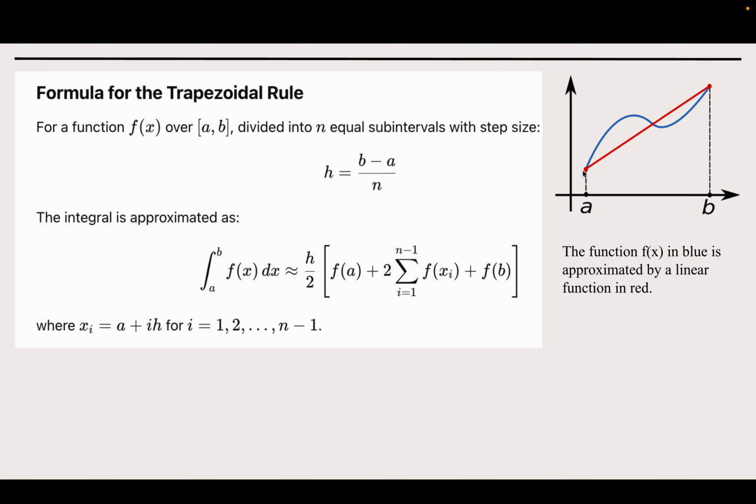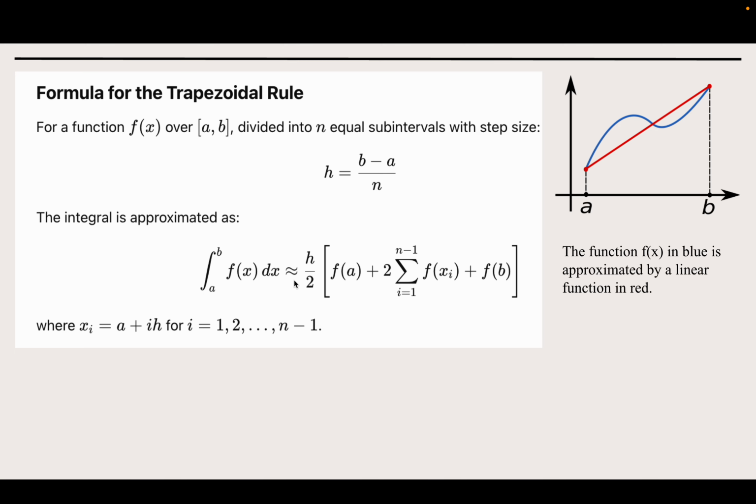This way the function will go from a to b, and we have to integrate the functional value, mainly the area under the curve, and that can be done by this trapezoidal rule.